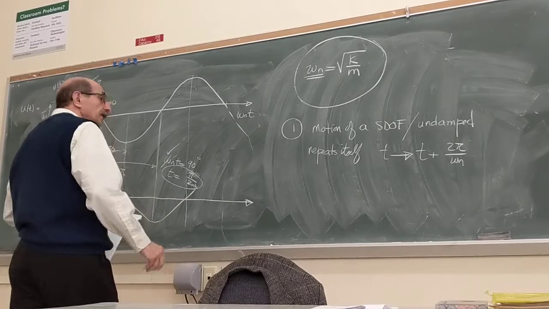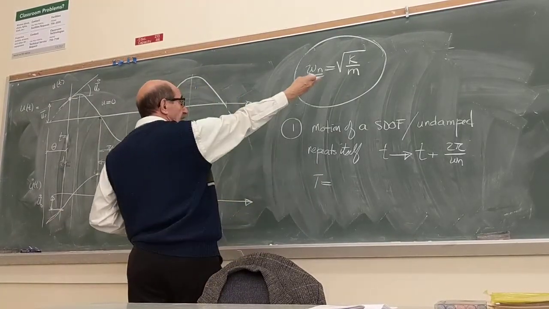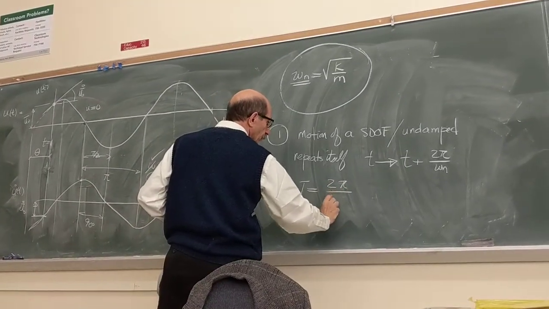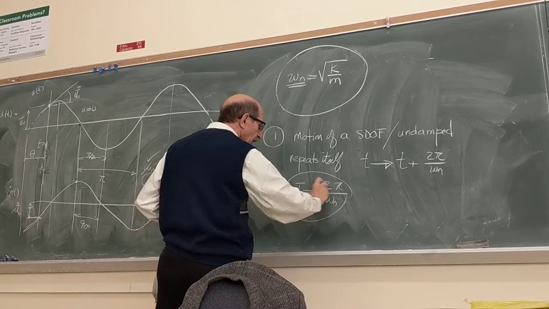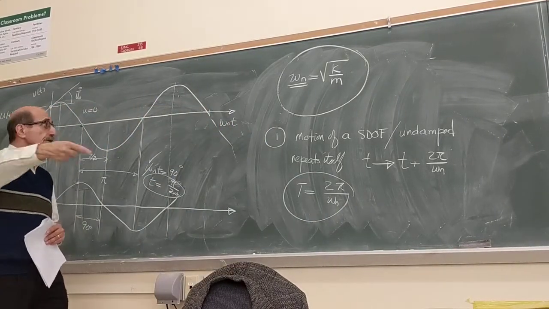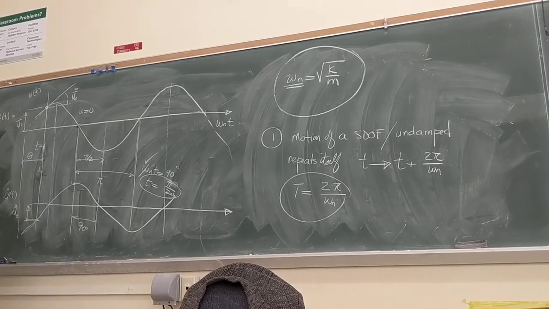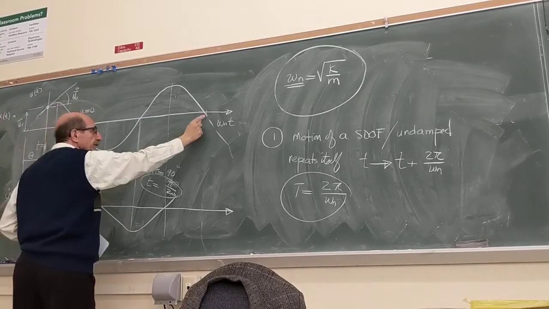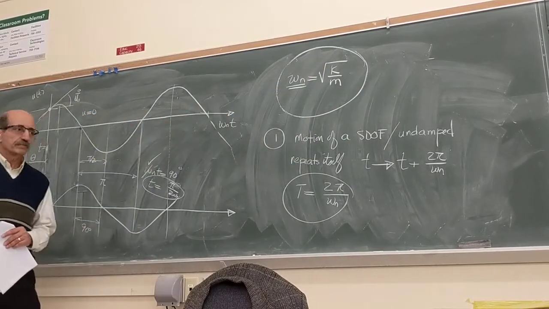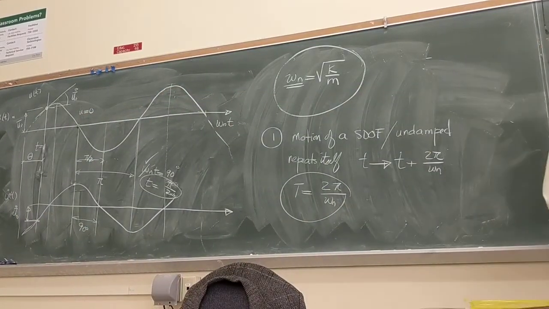So the period, in other words, of this system, the period is 2 pi over omega n. That is the time interval at which this motion repeats itself, right? So this is one period, one period, one period, one period, okay? So it repeats itself. That's observation number one.